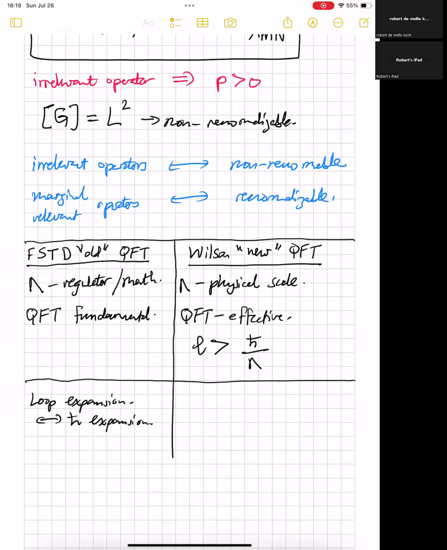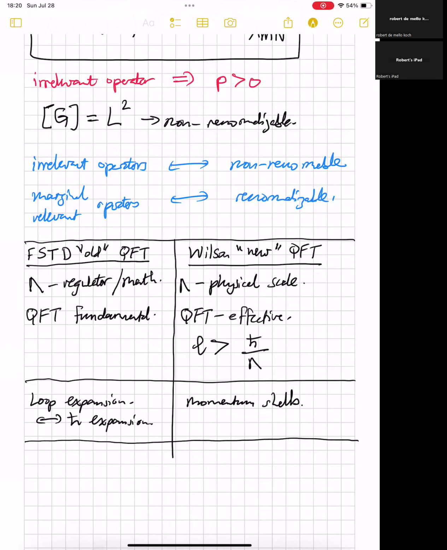Wilson doesn't organize things according to loops. He organizes things according to momentum shells. So he's broken momentum space up into shells, and you start off by integrating out the shell of the highest modes. Once you've done that, you go to the next shell, and so on. So you've organized the theory according to scale.